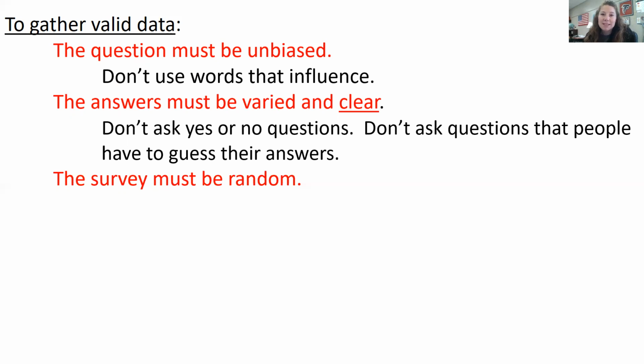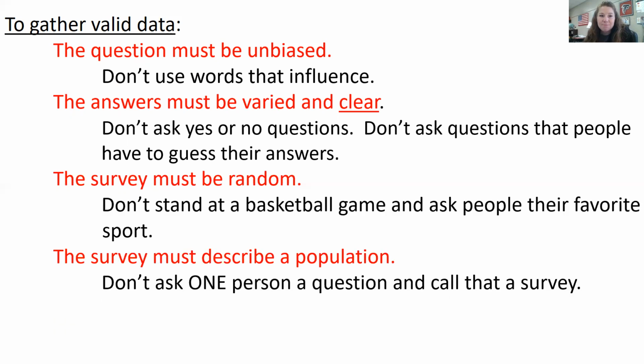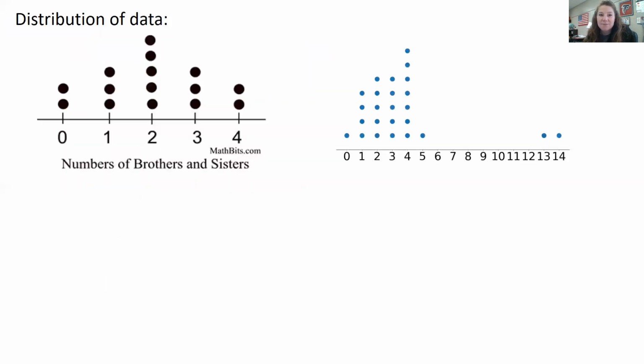Obviously if I'm at a basketball game, I'm probably around a lot of basketball fans, right? Don't stand at a basketball game and ask people their favorite sport. And the survey must describe a population. Don't ask one person a question and call that a survey. That is not going to be enough data.